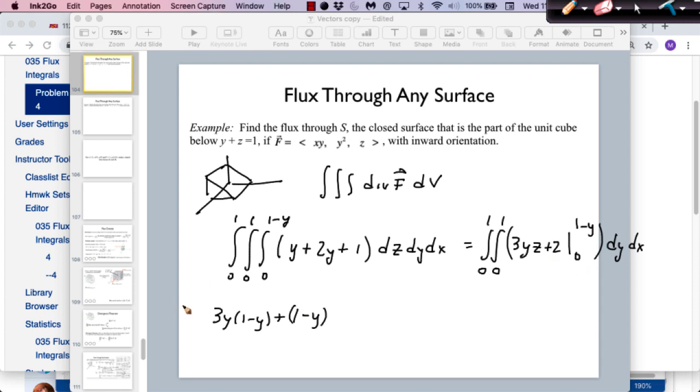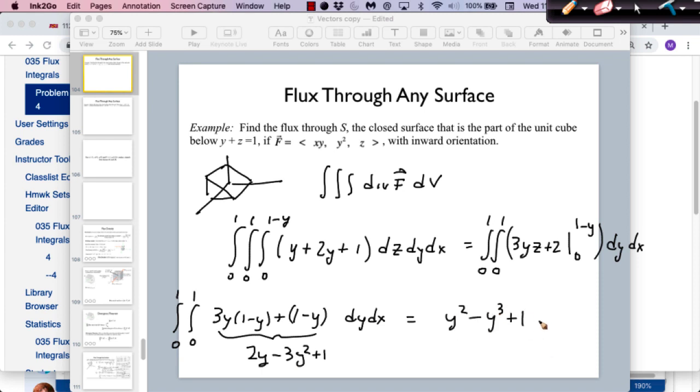And there'll be a double integral from 0 to 1, 0 to 1. So what is all this? 3y minus y, is that 2y? And then minus 3y squared plus 1. With respect to y, we're almost there. y squared minus y cubed plus y, from 0 to 1.